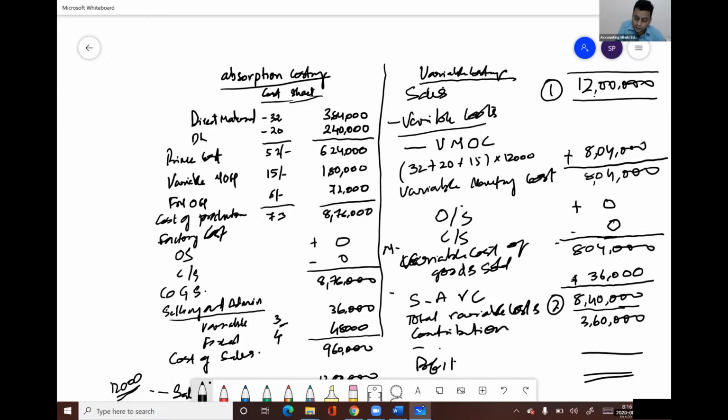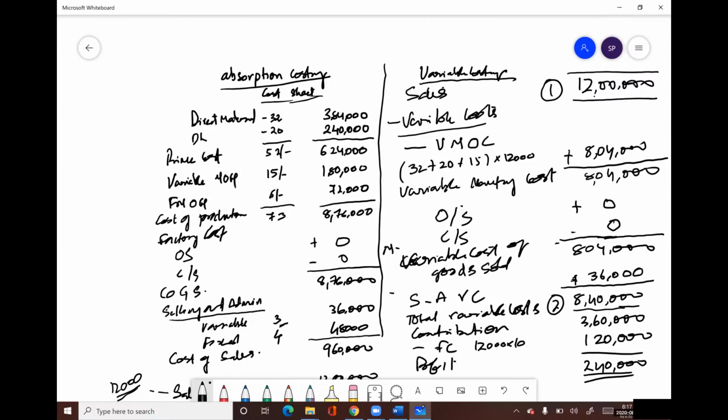Now, how much are the fixed costs? 10 rupees, sir. 10 rupees, correct. So 12,000 into 10. How much is that? 1,20,000, sir. 1,20,000. What's the profit? 2,40,000.